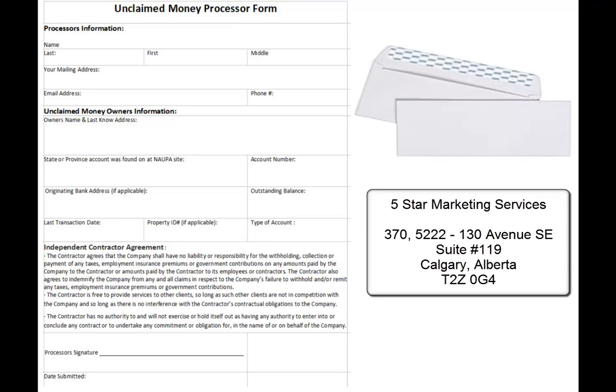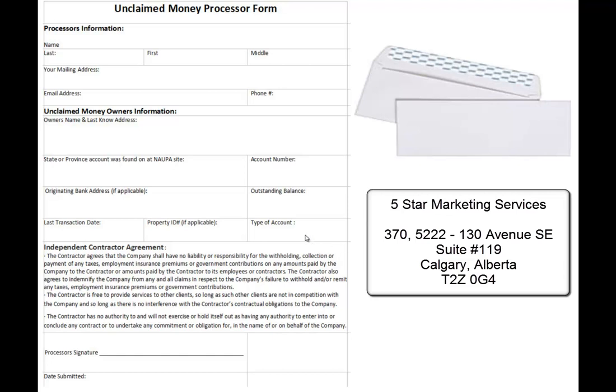You're putting the account number if it's applicable. If it's not applicable, just put N/A. And same thing with the property ID. Some of the state and province sites require a property ID if it's a property account. You would just put that number in there. If it's not, then you just again put non-applicable, N/A.